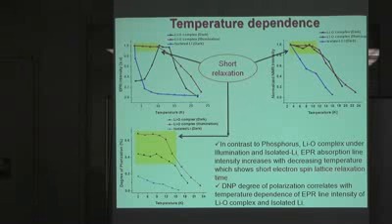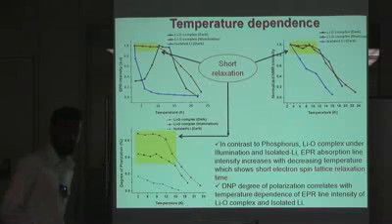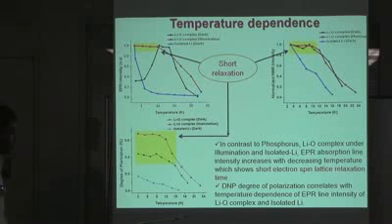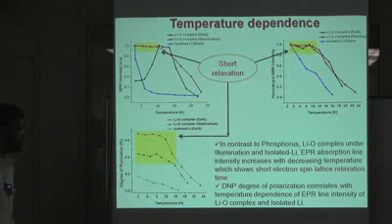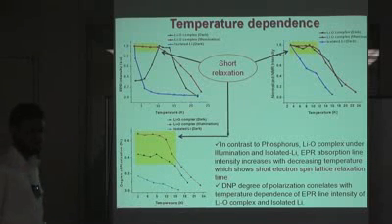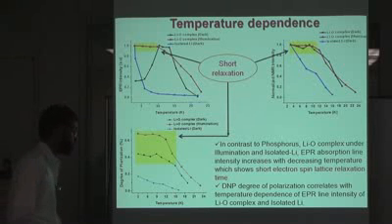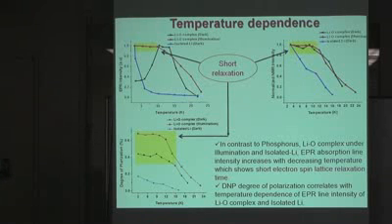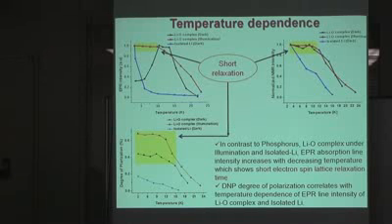So I would like to conclude that, in contrast to phosphorus, for the lithium oxygen complex under illumination and isolated lithium, EPR absorption line intensity increases with decreasing temperature, which shows short electron spin lattice relaxation time, and degree of polarization correlates with the temperature dependence of EPR line intensity of lithium oxygen complex and isolated lithium.